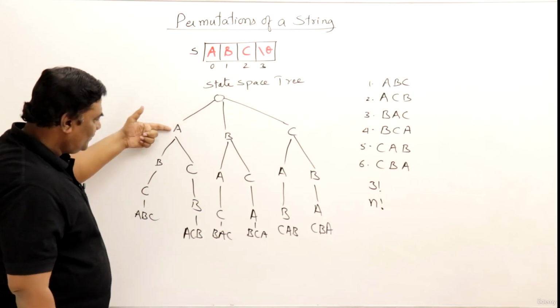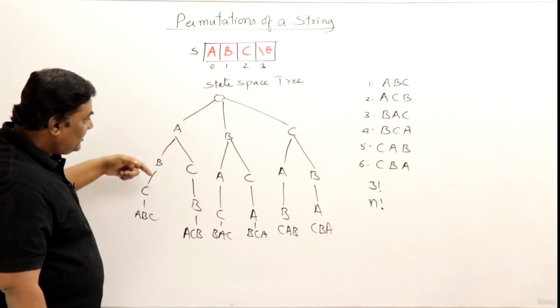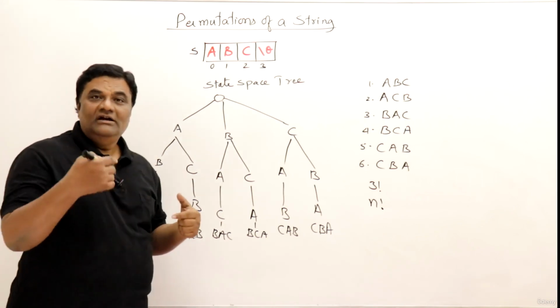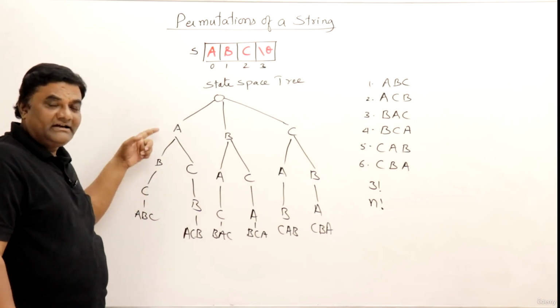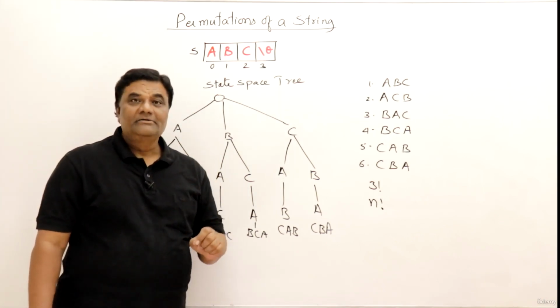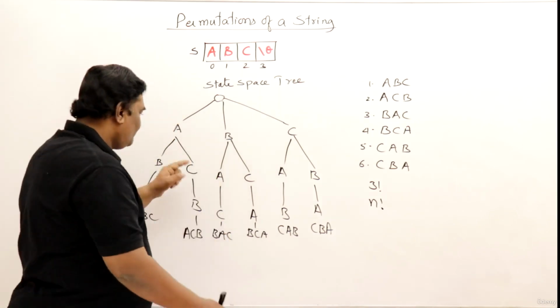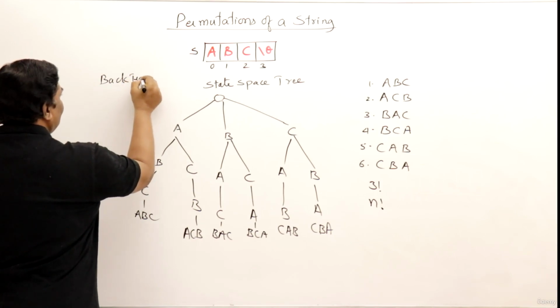Start from here, go to A, go to B, go to C, go back, go back. Again from there go on to C. This going back and again taking another route, we can call backtracking. So this is representing backtracking.